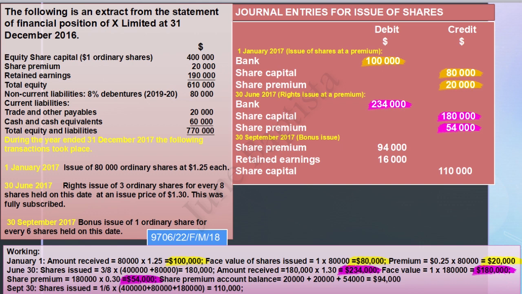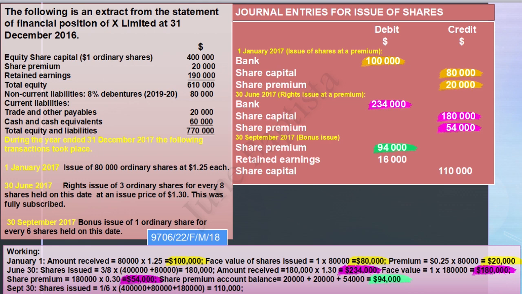Let us look at the journal entry. The share premium account will be used in the issue of bonus shares. The balance on the share premium account was $94,000. We will therefore debit the share premium account $94,000. The remaining $16,000 will be taken out of retained earnings.